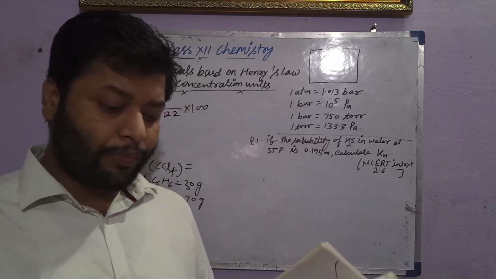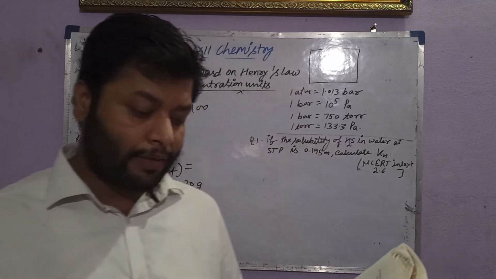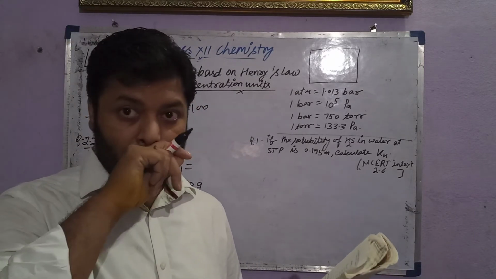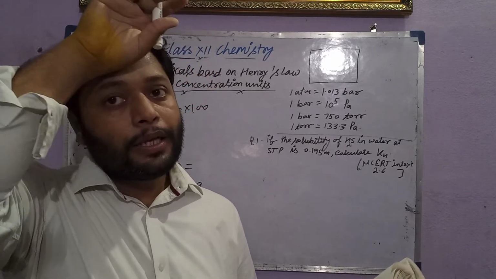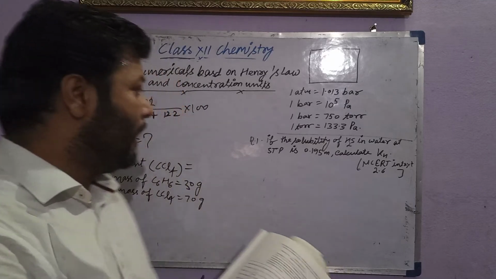30 ml of 0.5 molarity sulfuric acid is diluted to 500 ml. So what will be the new molarity? Actually, there is one dilution formula.